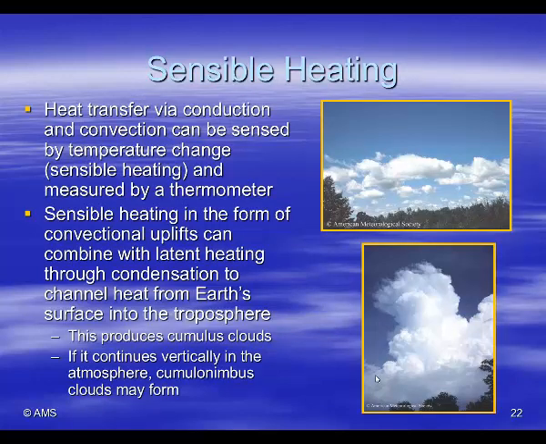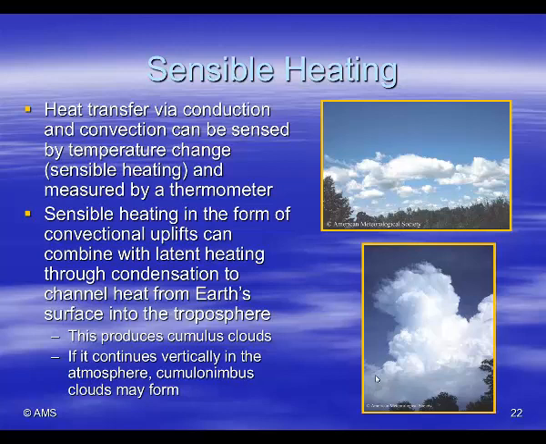So heat transfer via conduction and convection can be sensed by a temperature change. And that's why we call it sensible heating. And it can be measured by a thermometer. Sensible heating in the form of convectional uplifts can combine with latent heating through condensation to channel heat from the Earth's surface into the troposphere.